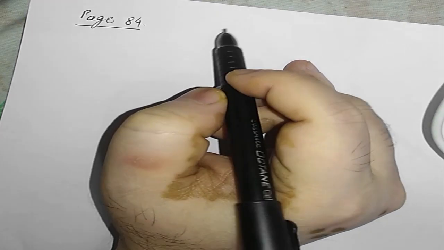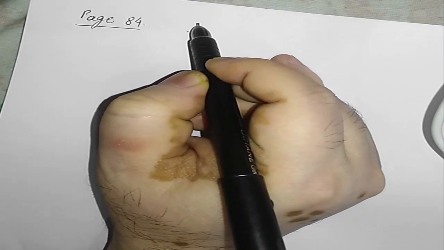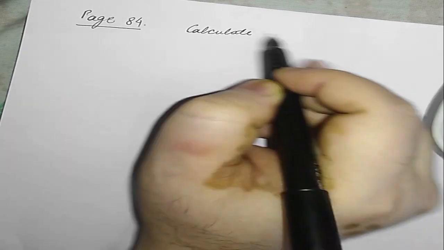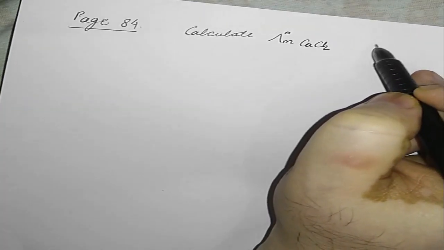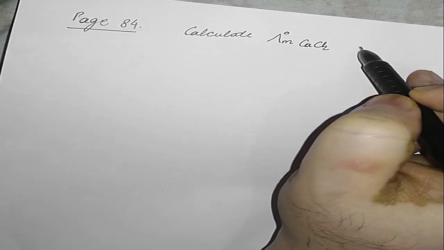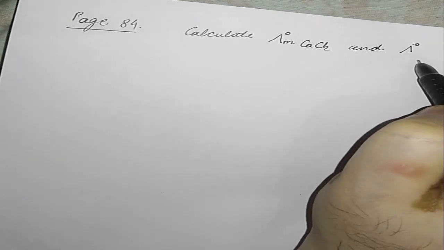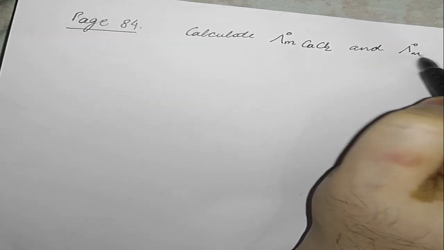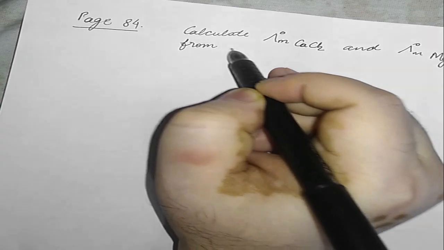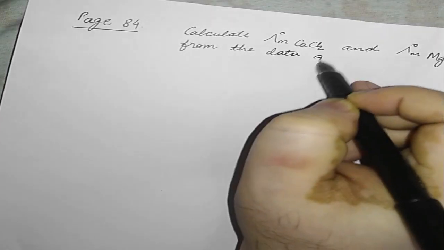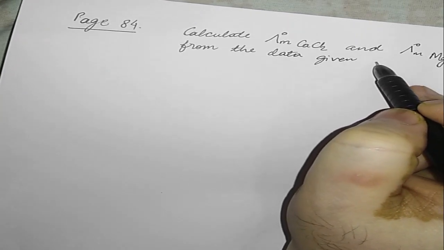On page number 84, there is a question in which we have to find out: calculate capital lambda, that means molar conductivity at infinite dilution, of CaCl2 and capital lambda, molar conductivity at infinite dilution, for MgSO4 from the data given in table 3.4.